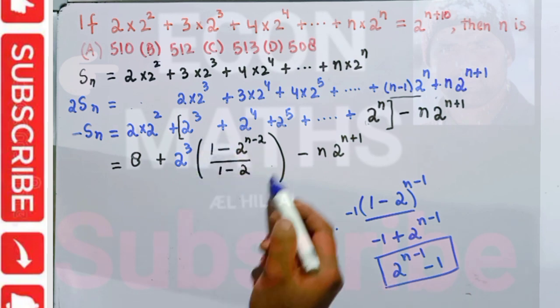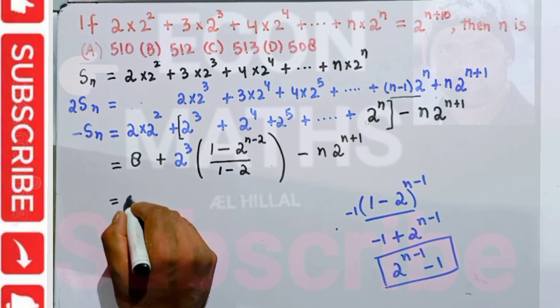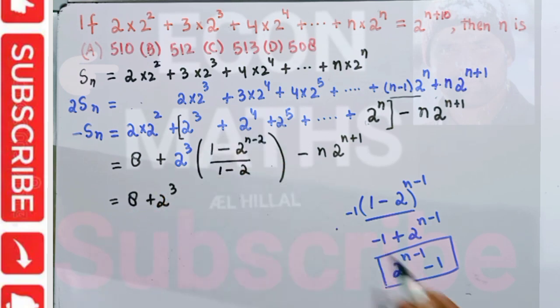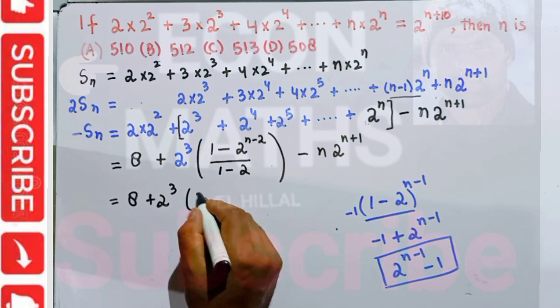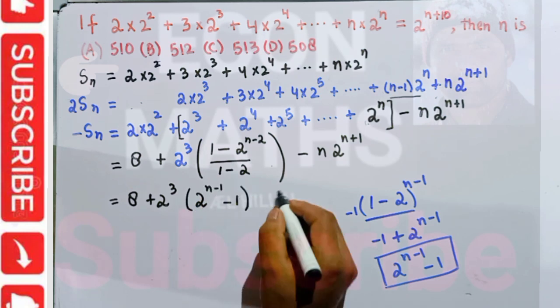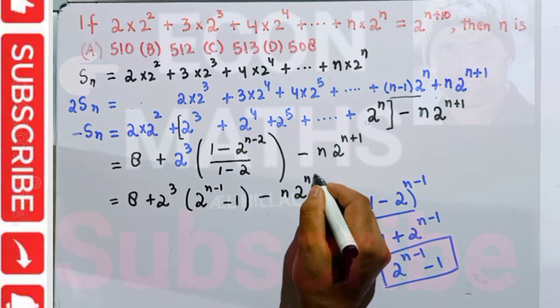Okay, so in this place I can write this. So we have 8 plus 2 cube. This sums out to be 2 raised power n minus 1 minus 1. Then we have this n 2 raised power n plus 1.